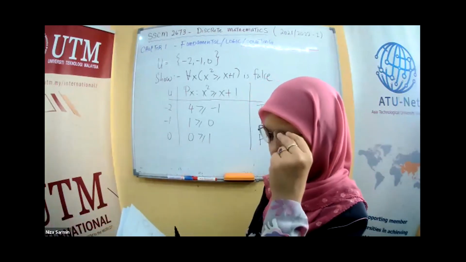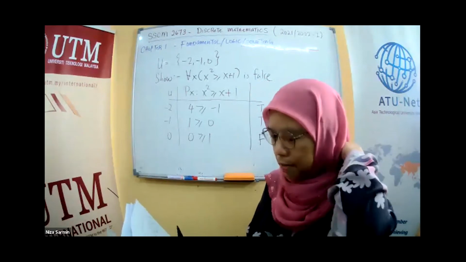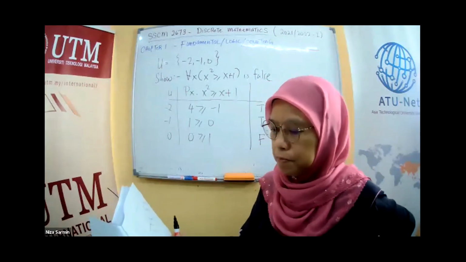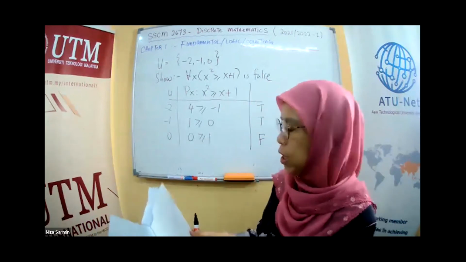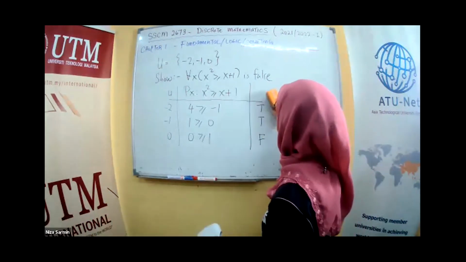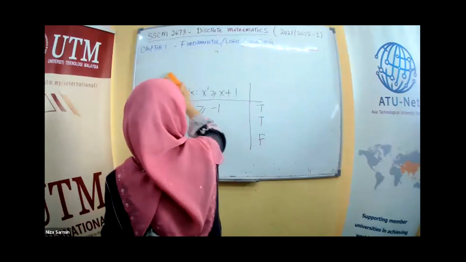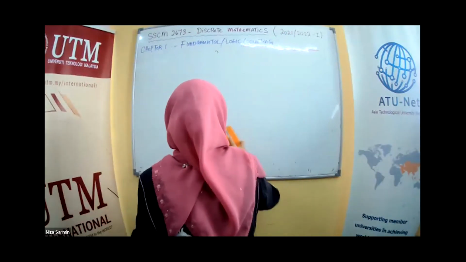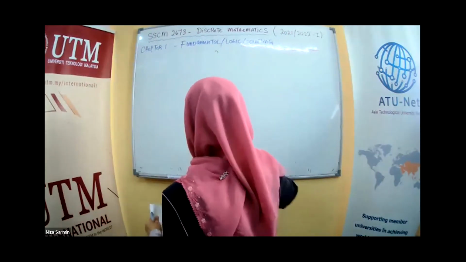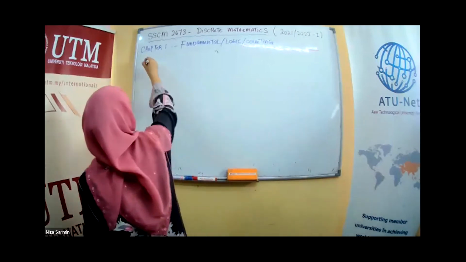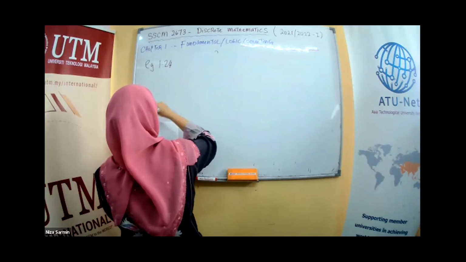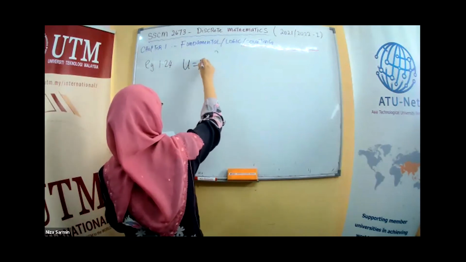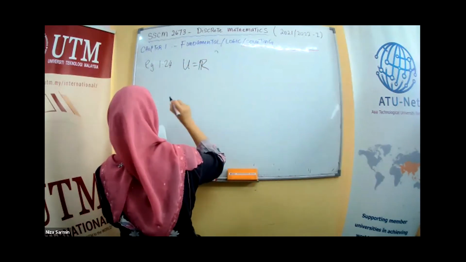Okay. Now, my comment just now is on Example 1.24, in which something similar, okay, something similar, but let me show you. Example 1.24. Okay. U is the set of all real numbers. Okay.